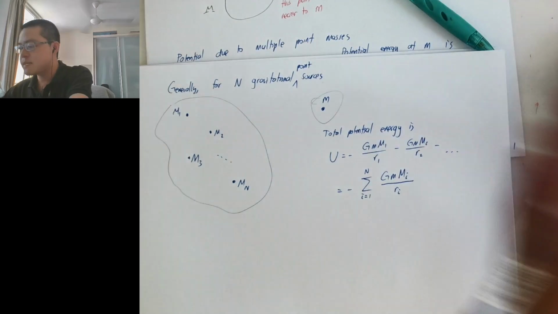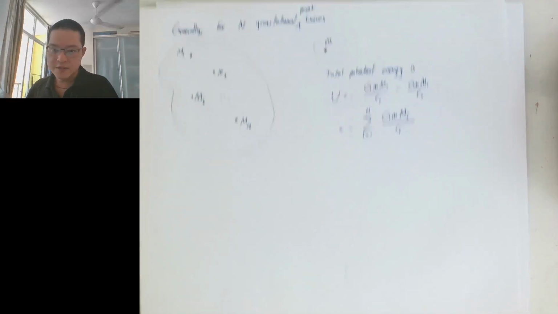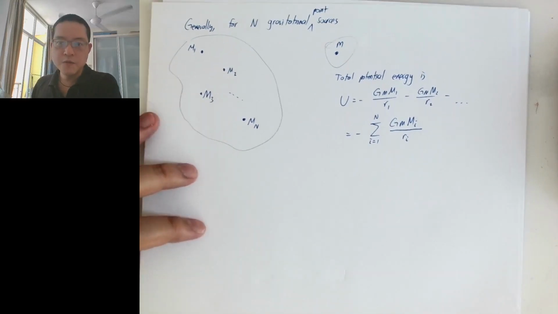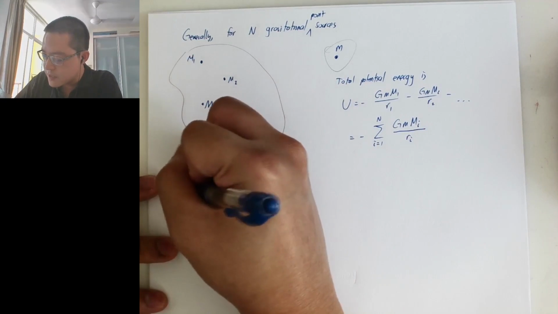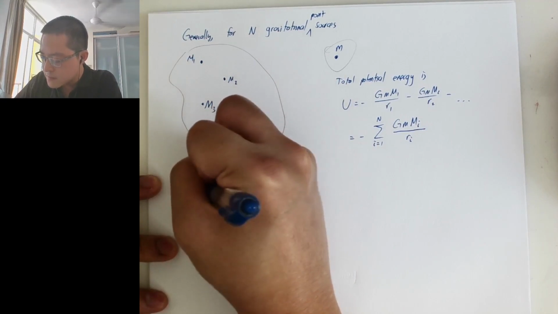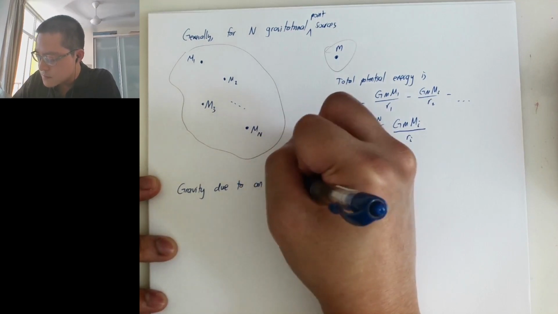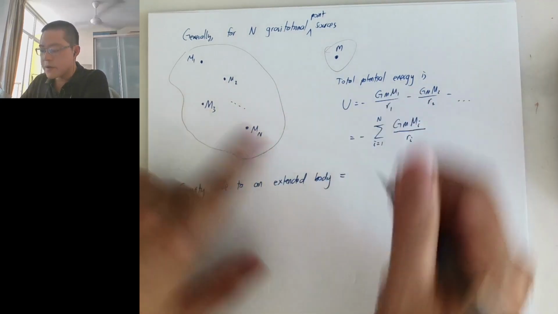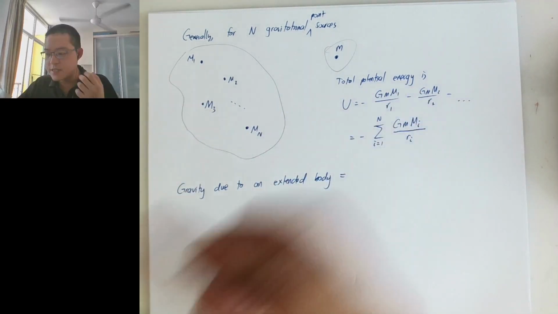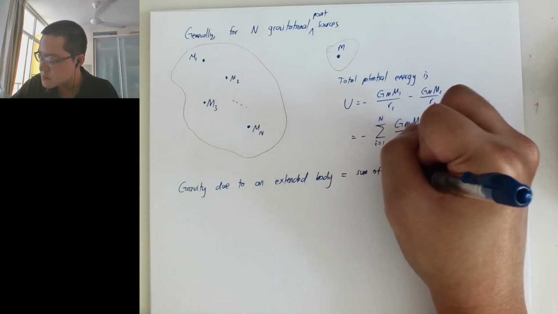So that is pretty simple if we have multiple point sources. What we are going to do if we want to talk about gravity due to an extended body is the same thing. An extended body is just a sum of many infinitesimal points.